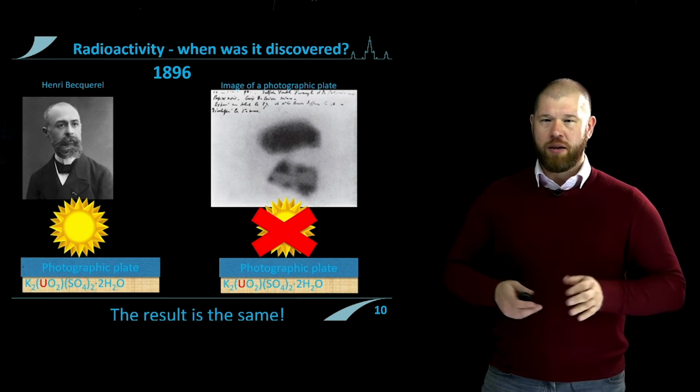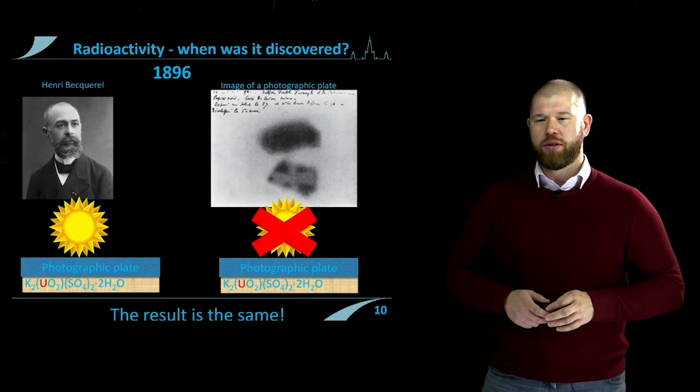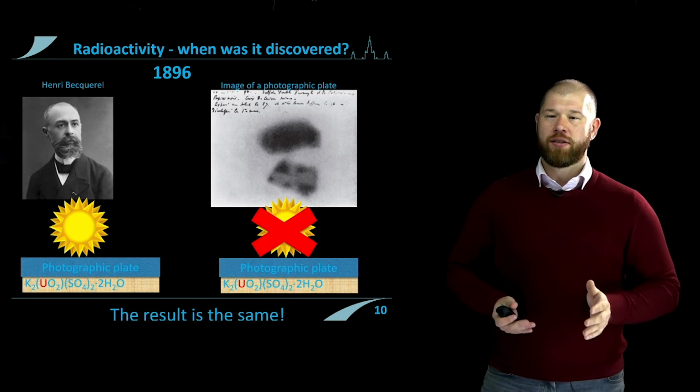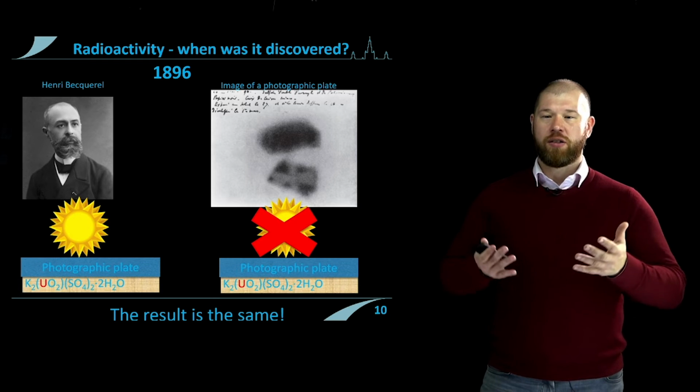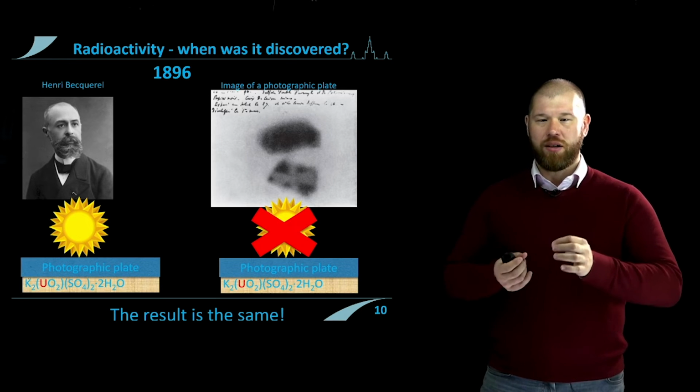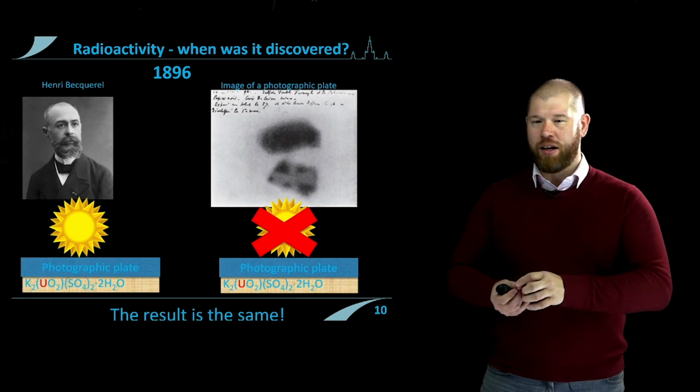At that time it was assumed that these unknown rays arise when uranium is irradiated by sunlight.